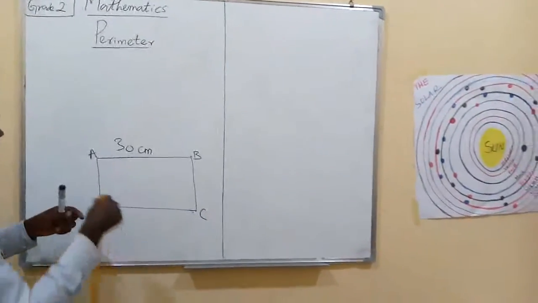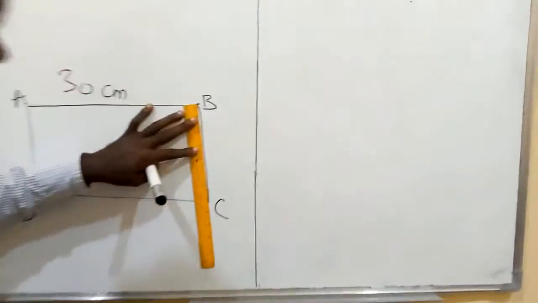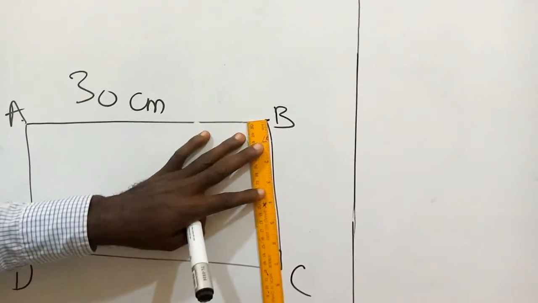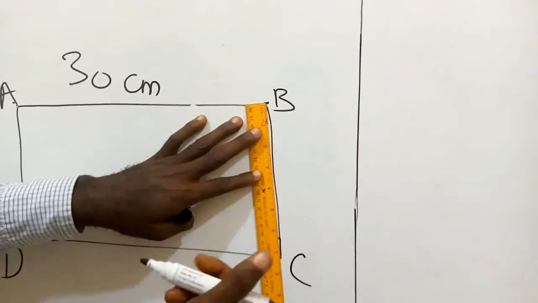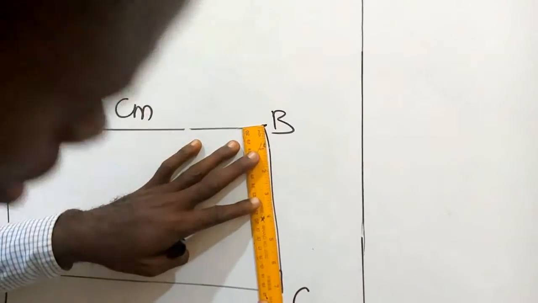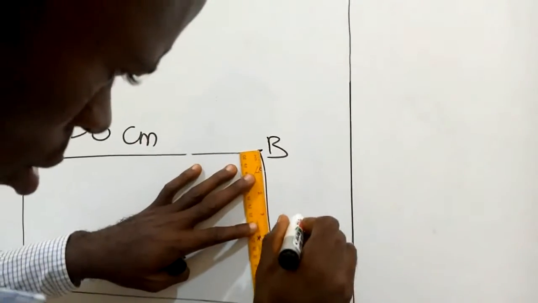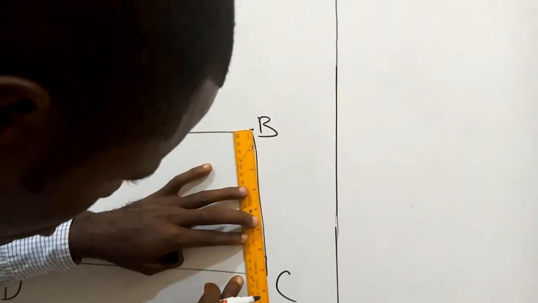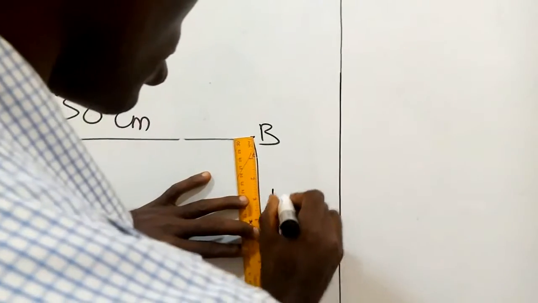And also you take the length of this other side. This side is called the breadth. The length of this other side is, sorry, not 7 centimeters, it is 12 centimeters.